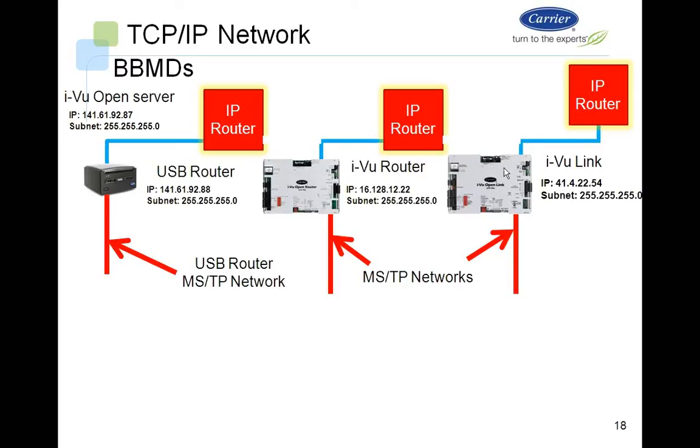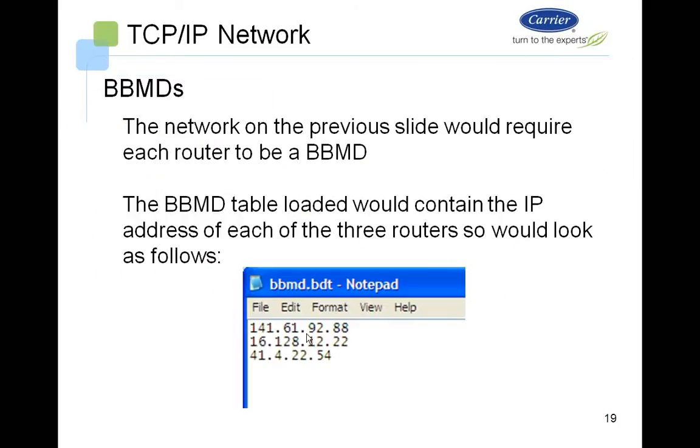So only one of those two links would have to be in the BBMD table. So going back and looking at the table, we have each one of these three IP addresses, and this data would then be downloaded into each one of the three open devices, the open server's internal router, the open router, and the open link, and thus they would be able to communicate broadcasts between each other and on their subnets.